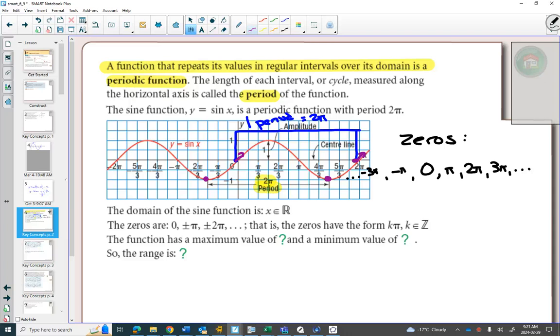I'm going to look at a pattern here. Oh, I forgot negative 2 pi. I've got 1 pi, 2 pi, 3 pi, 4 pi. Does it make sense that I could write all the zeros as being k times pi, as long as k is any integer? Any positive or negative whole number and 0.